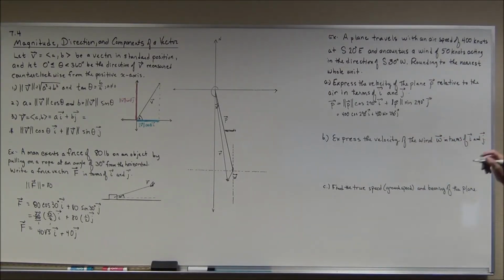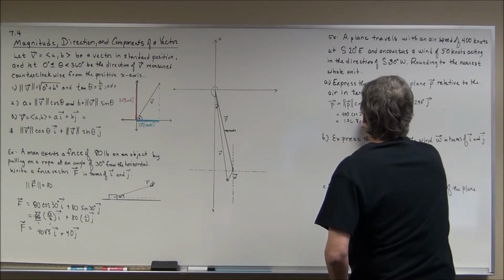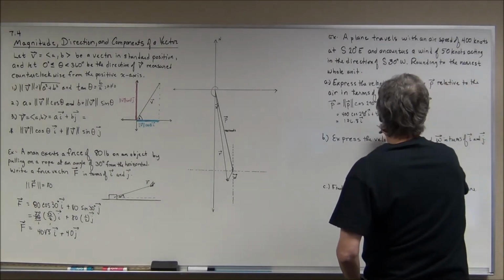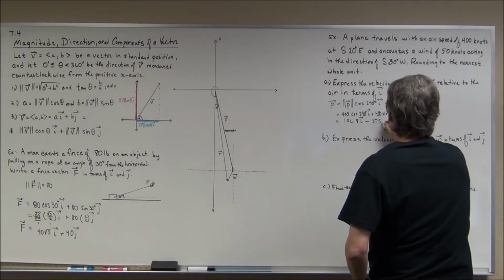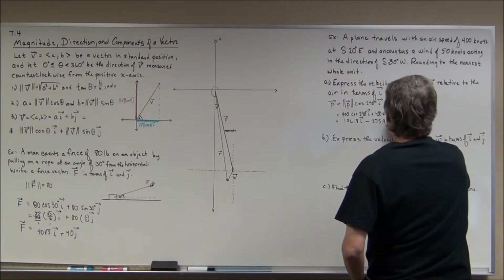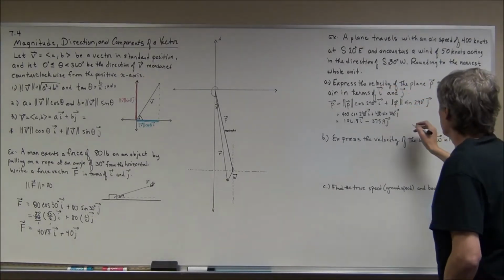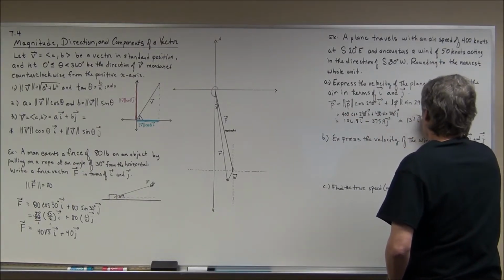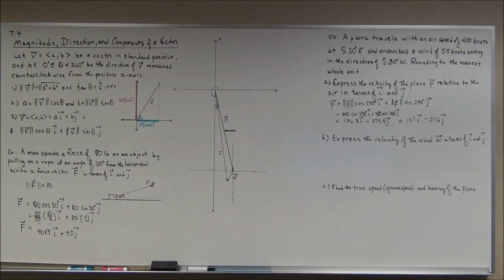This is going to be approximately 136.8 I, actually minus, because it's going to be negative in the fourth quadrant, minus 375.9 times vector J, and I think they asked for it rounded to the nearest whole unit, so this is going to be 137I minus 376J, and that would be the plane described by vector P.